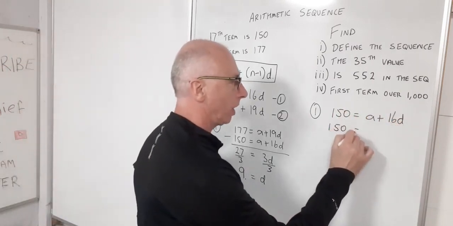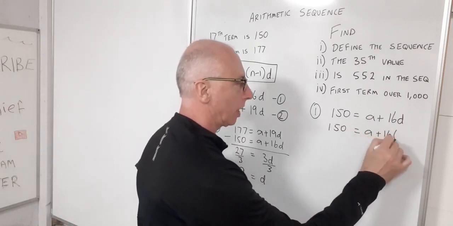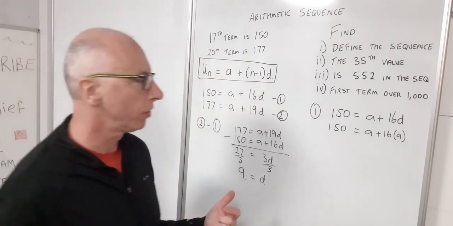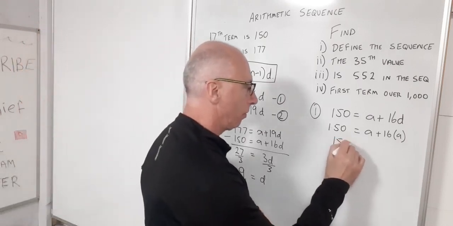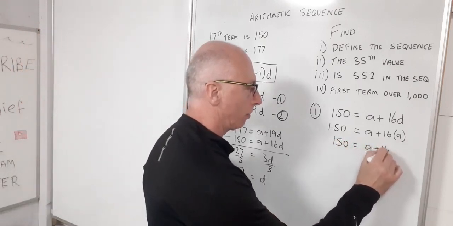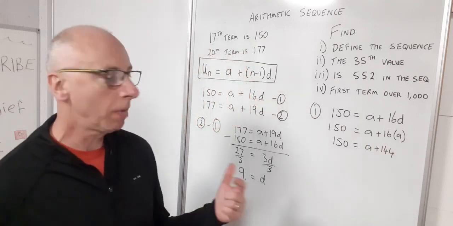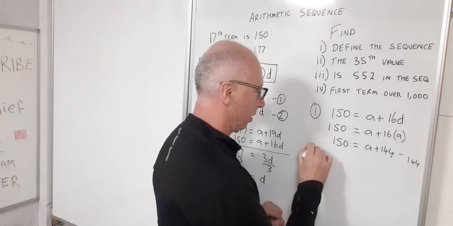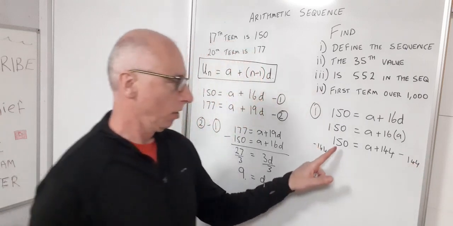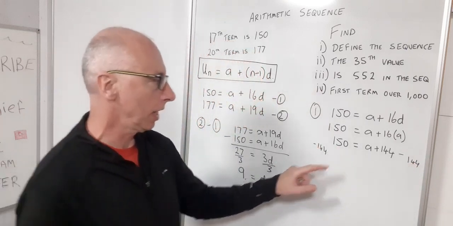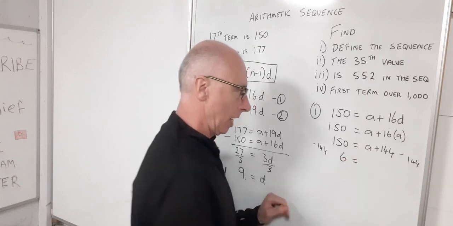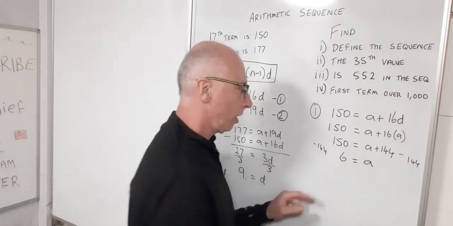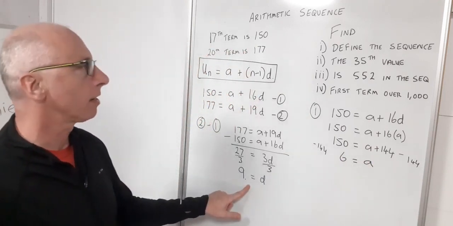So 150 equals A plus 16 times 9. 9 16s are 144, so 150 equals A plus 144. Minus 144 from both sides. 150 minus 144 will give me 6, and this will cancel out, so I'm just left with A. So A is 6 and D is 9.